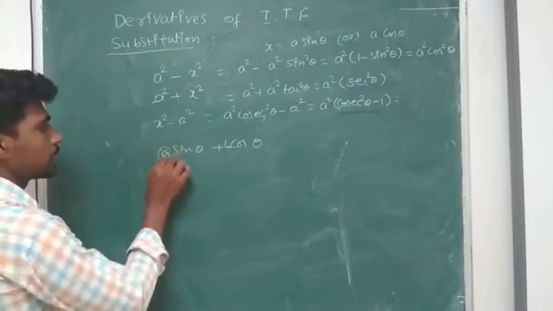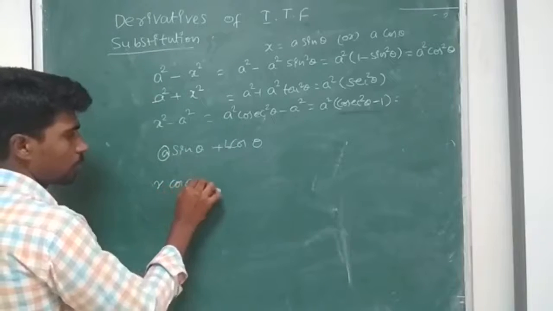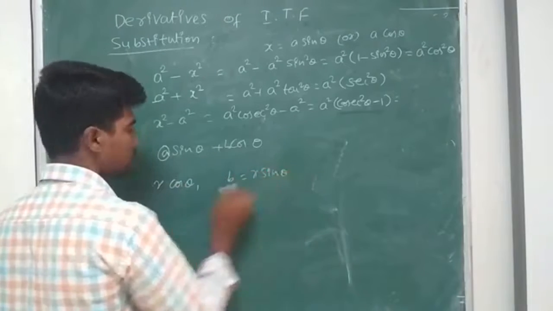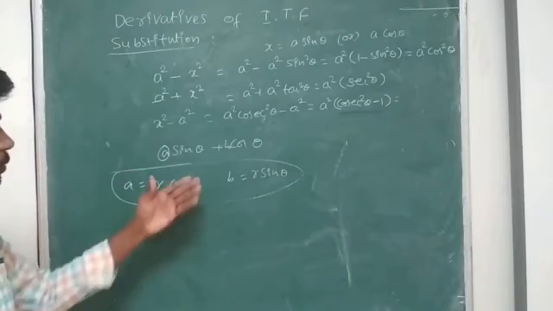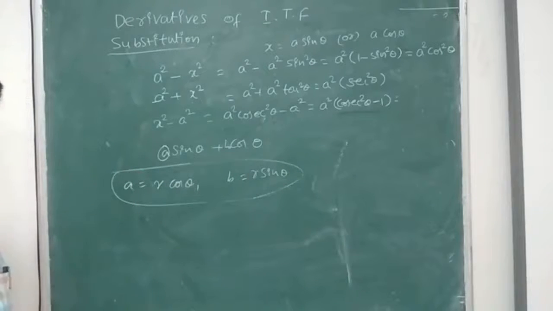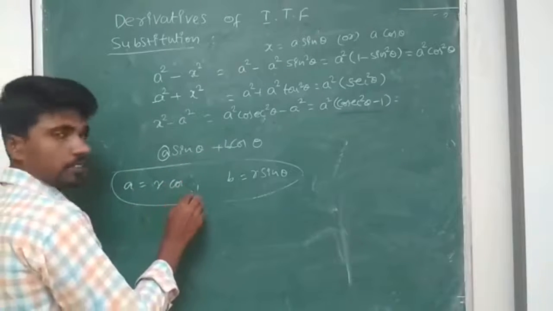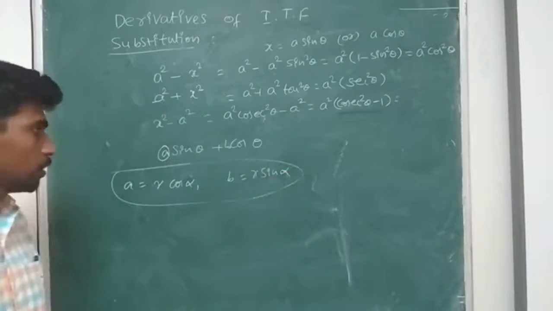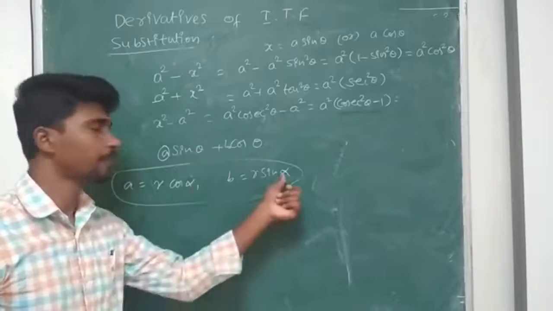We replaced a as r cos theta and b as r sin theta. Substitute, take r common: cos a sin b plus sin a cos b. Since I already have theta here, we should not use the same variable, so we use another variable. I have used theta, so I use alpha here.